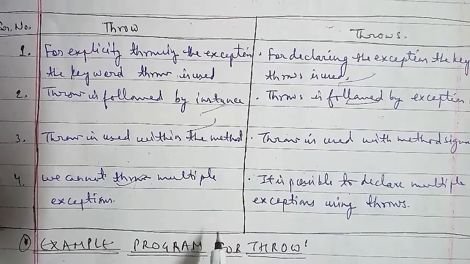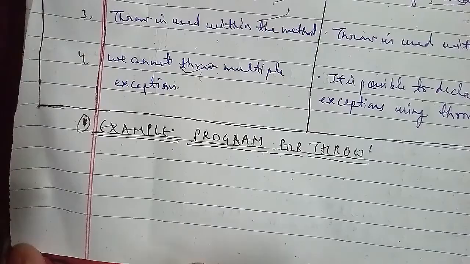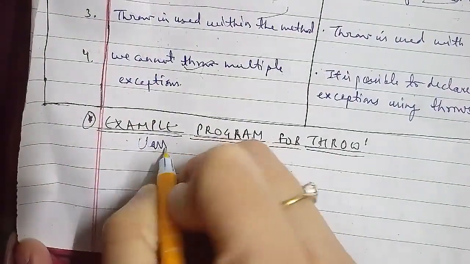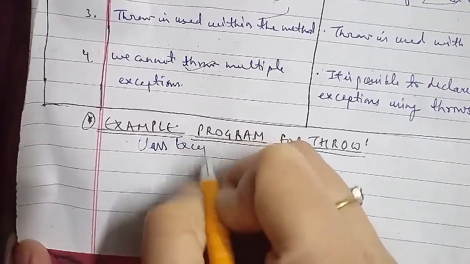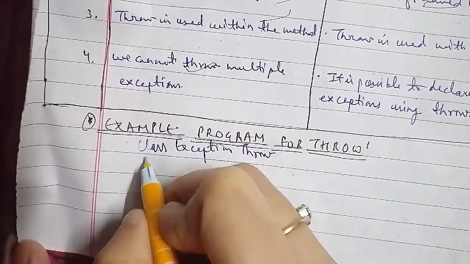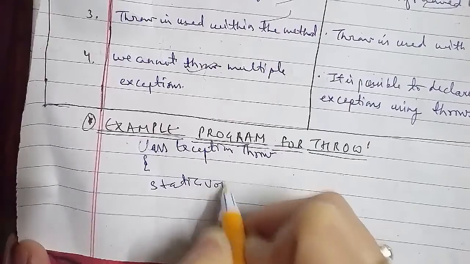Start a bracket. static void fun(int a, int b), then start another curly bracket, and then int c. Initialize it.